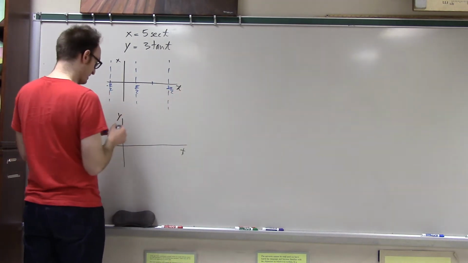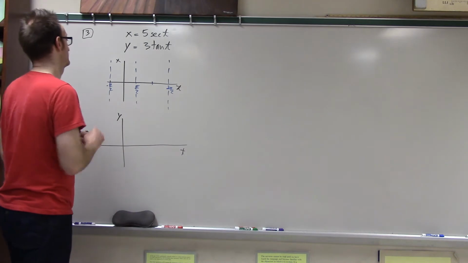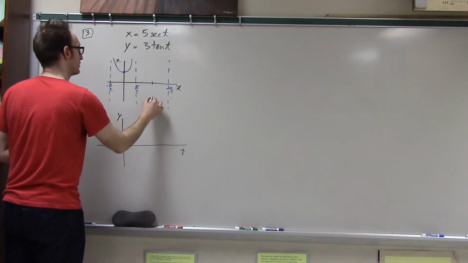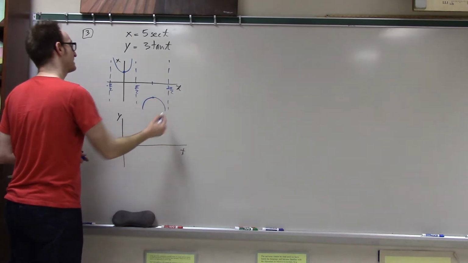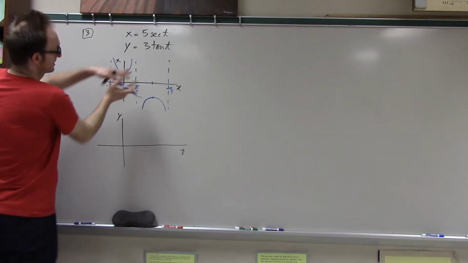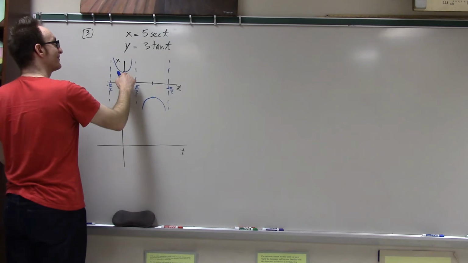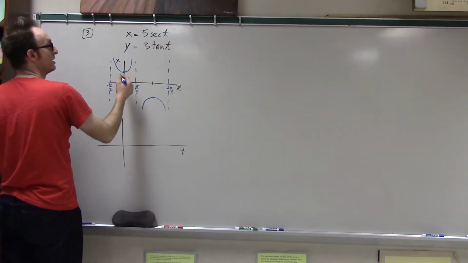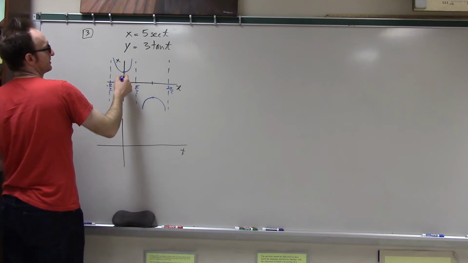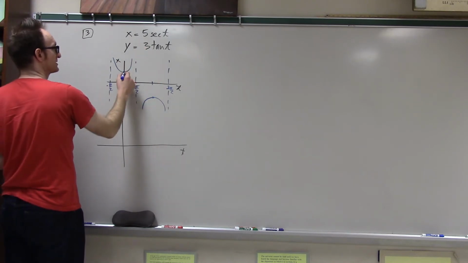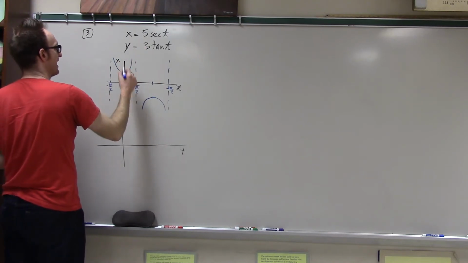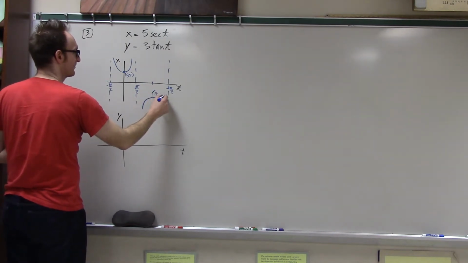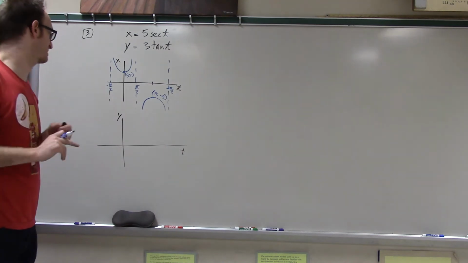And the function itself looks kind of like this, and that's like normal secant, but because it's been stretched out by a factor of 5, then if you plug in, you can always just plug in some numbers, right? Secant of 0: cosine of 0 is 1, so secant of 0 is also 1, so that's 5, and this is pi comma negative 5. Alright, that is a picture of secant.